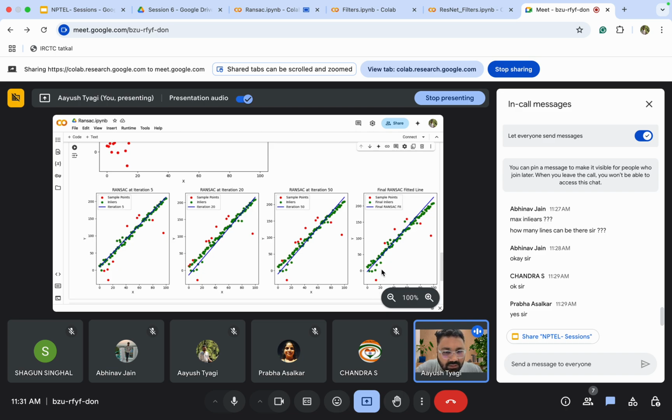In this case you have only 6 outliers. So you have identified a line which fits the data and has the minimum number of outliers and maximum inliers. The red ones are the outliers, and the green ones are the inliers.